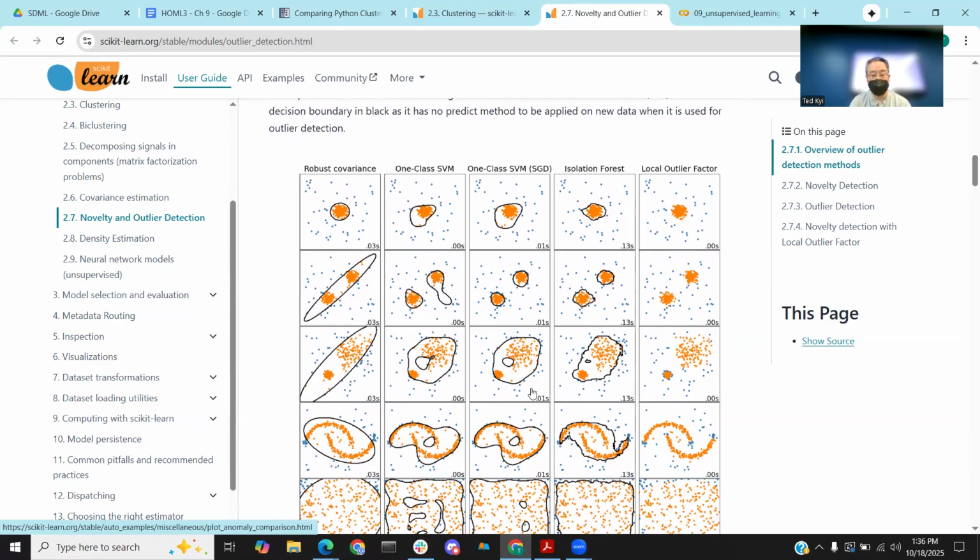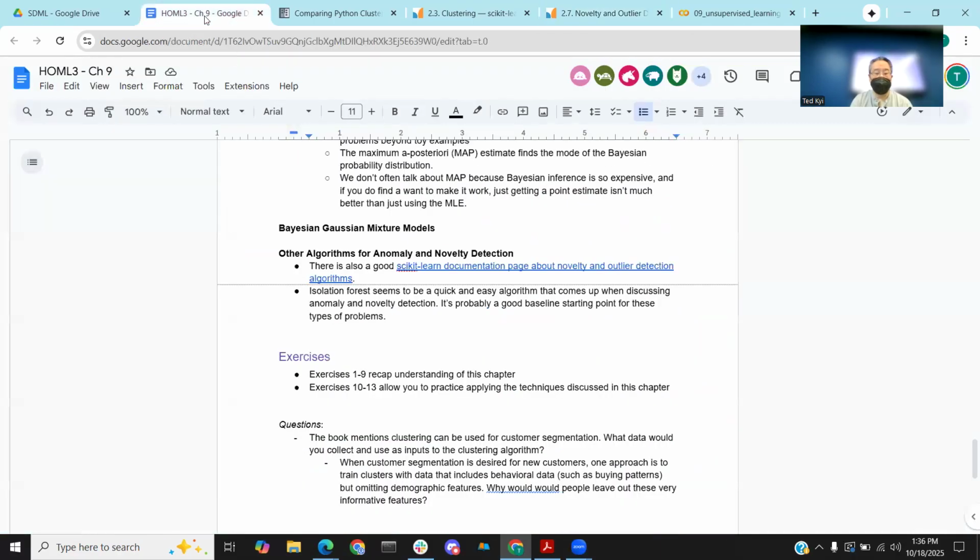You'll notice that in some cases, out of distribution can be holes on the interior. It doesn't have to just be on the outside. I haven't done a lot of anomaly detection, but it seems like isolation forest is a pretty well-performing, pretty fast, easy algorithm. So if you run into something where you need to do anomaly detection, that's probably a good baseline starting algorithm.